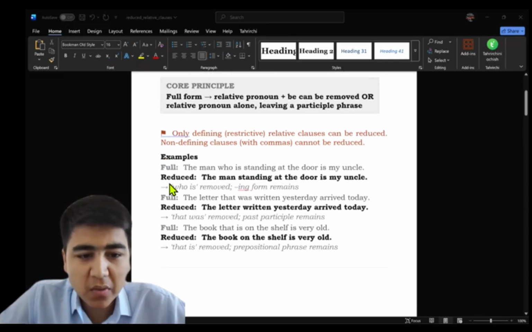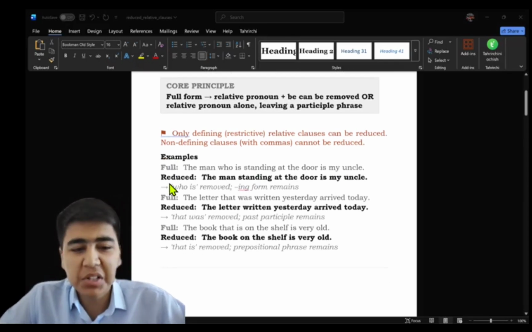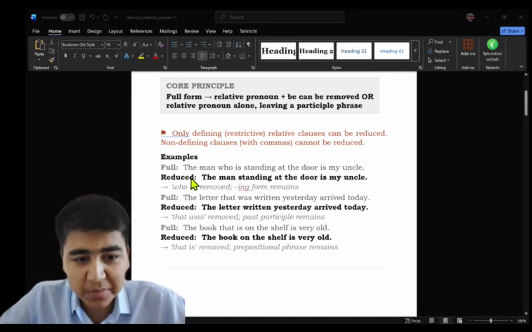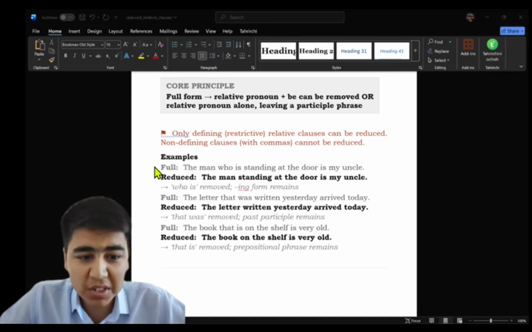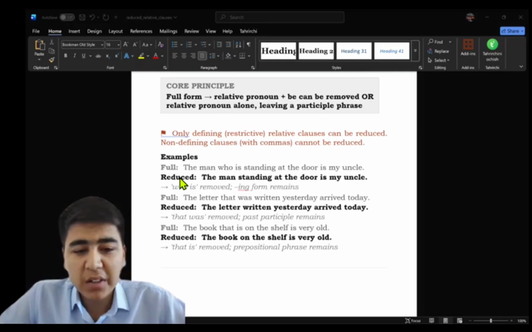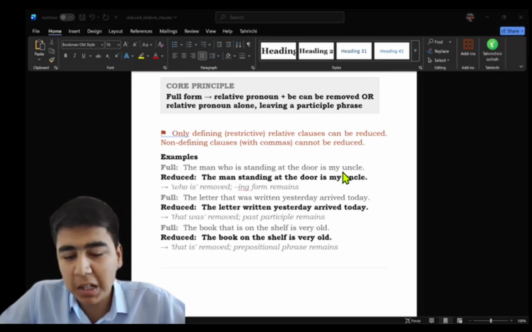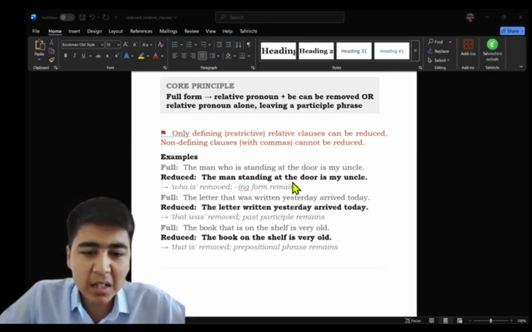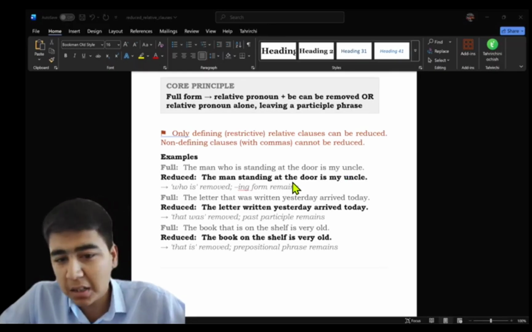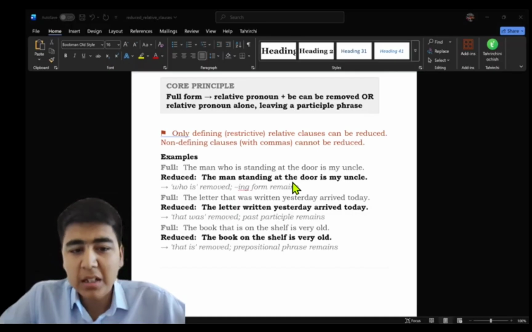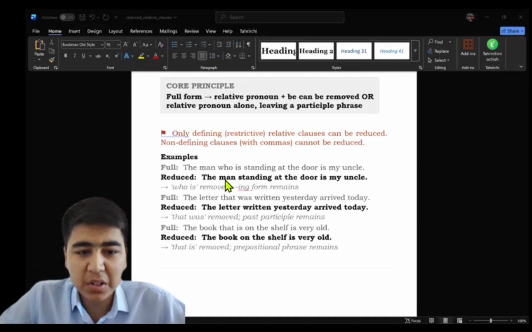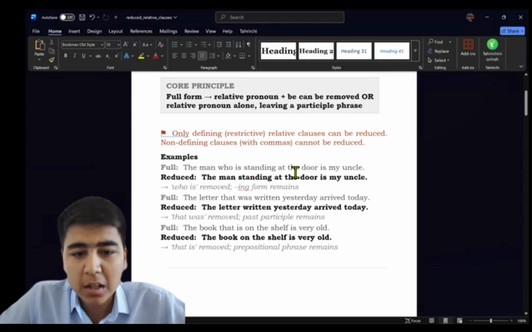So let's start from an example. Try to understand what I mean by watching this example. For example, if you write, the man who is standing at the door is my uncle. It is about the man and he is my uncle. But the man is identified by this sentence, as you can see here.